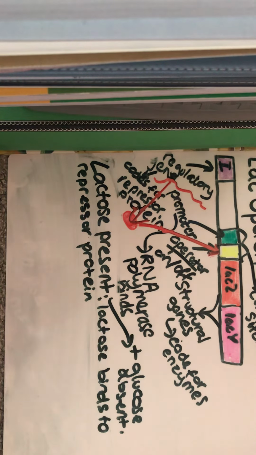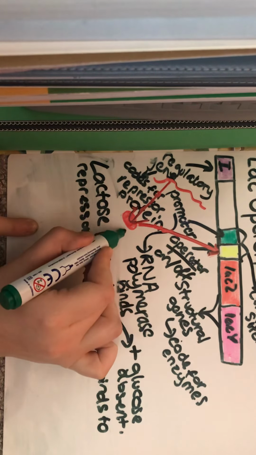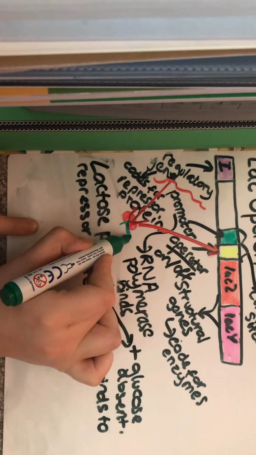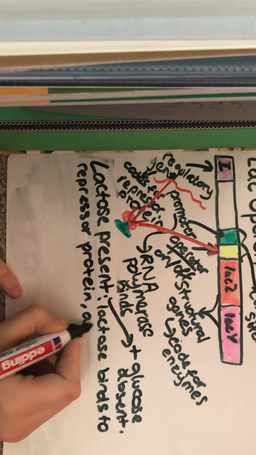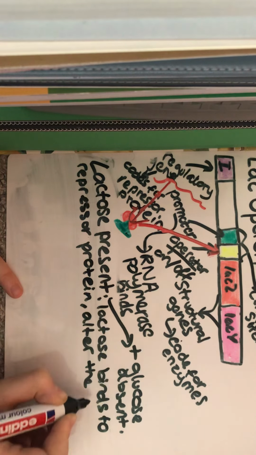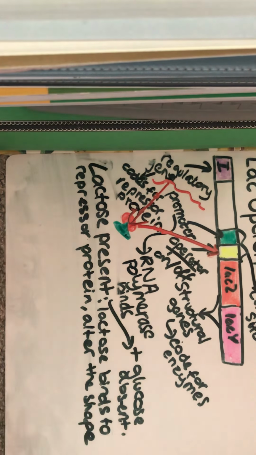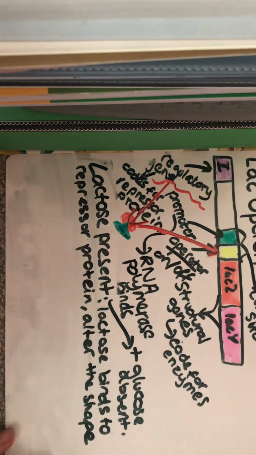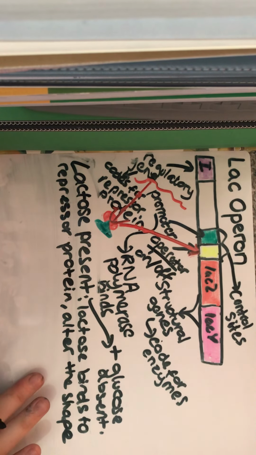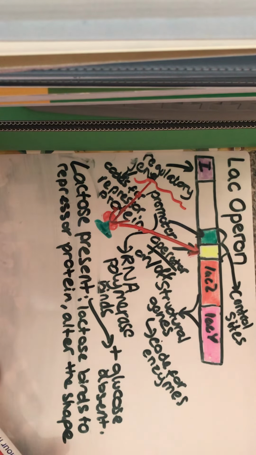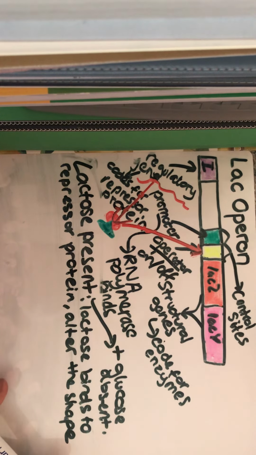So let's just say we've got lactose and it's going to bind to the repressor protein, and it's going to alter the shape of the repressor protein, kind of like how a non-competitive inhibitor does. It's going to change the tertiary structure of the protein and hence the active site that would have been used to bind to the operator region.